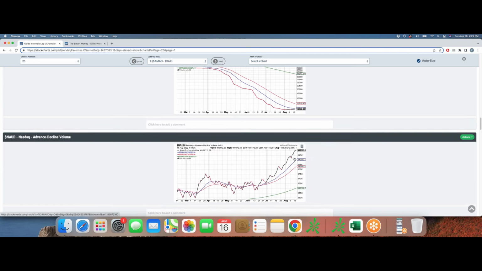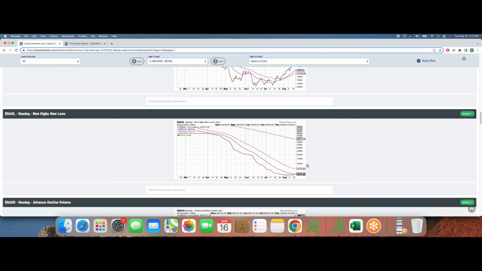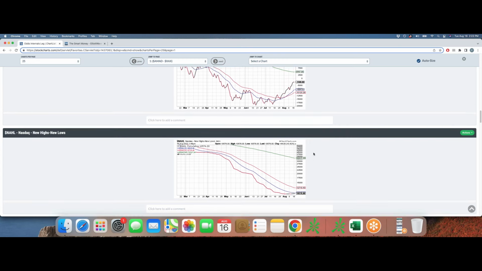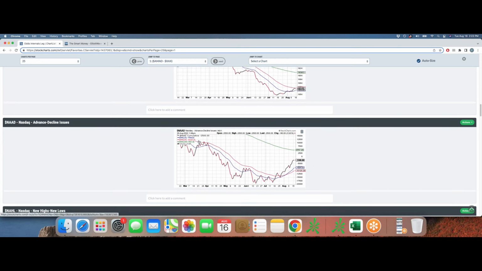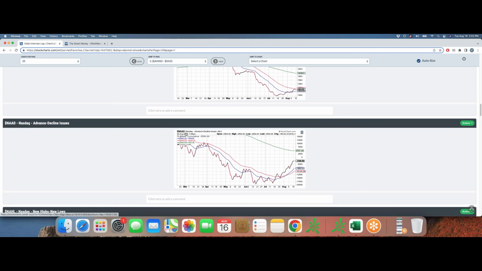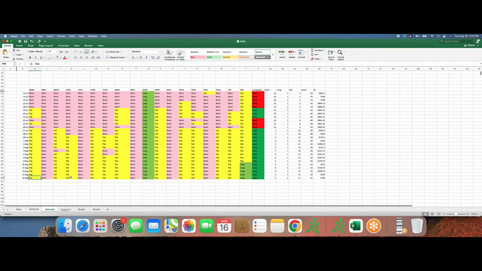And this is a buy configuration. So this was a sell configuration and this is a buy configuration, and anything that is not clearly a buy or a sell is flat. For example, NASDAQ advanced decline issues, the signal line is between the EMAs. So that's basically flat, or in cash.